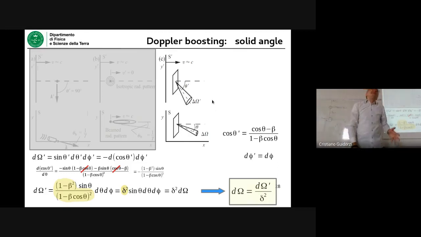That should make sense if you think of the figures that I already showed in the previous class, in which half of the sky is compressed, when the motion is relativistic and particularly ultra-relativistic, down to a narrow cone. So it means that a relatively large solid angle gets much smaller. How much? Delta squared. Okay, so this is also worth remembering.